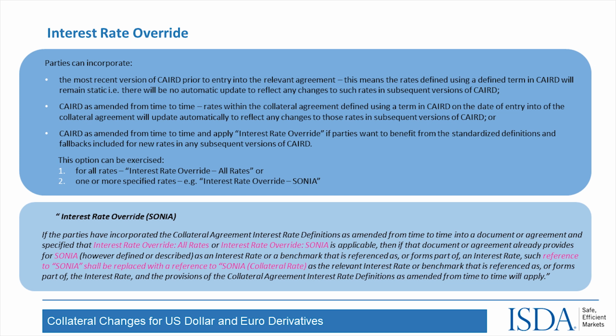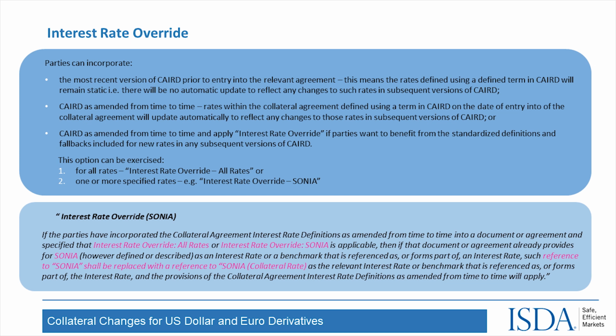But if the parties' credit support annex provided for cash collateral in sterling and provided for the interest rate on that cash collateral to be SONIA, then when version 2 was published in August, the definition of SONIA collateral rate, which was set out in version 2, would have automatically been introduced into that CSA in place of the party's definition of SONIA. In other words, it overrides the party's definition of SONIA.